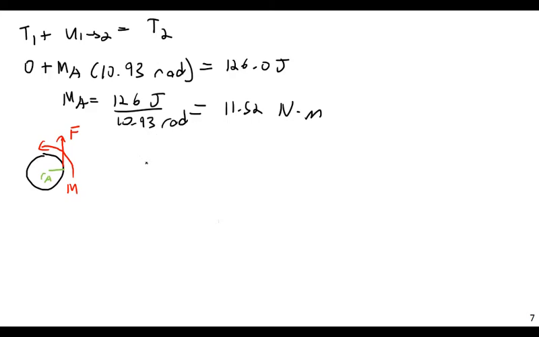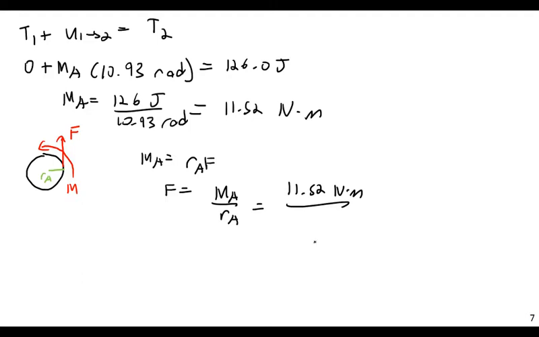And then I can say MA is equal to RA times that F, or F equals MA over RA, which equals 11.52 Newton meters divided by 0.250 meters.